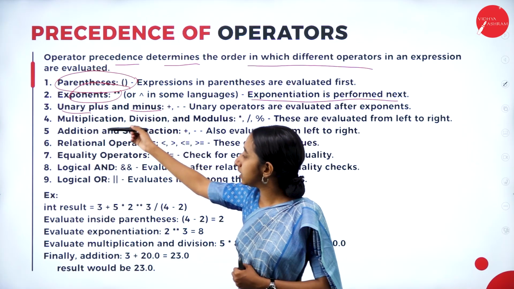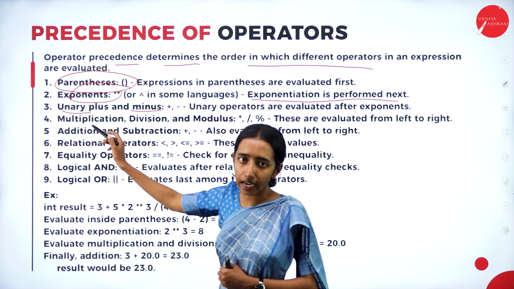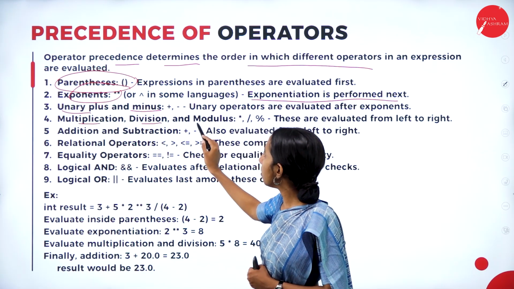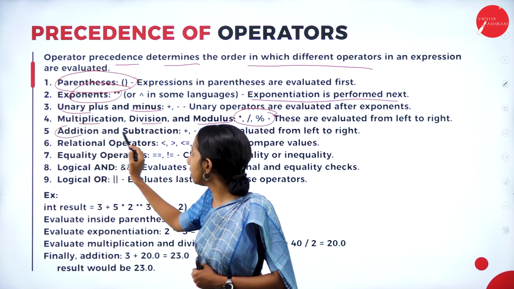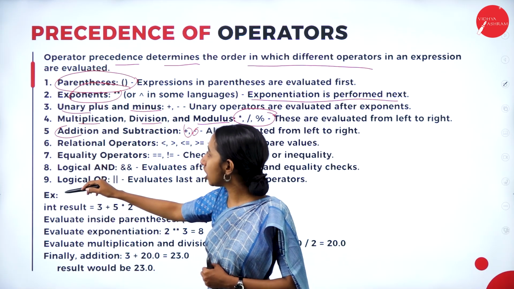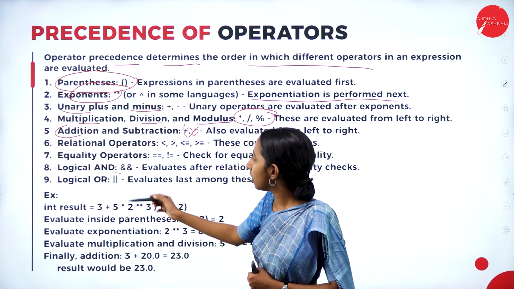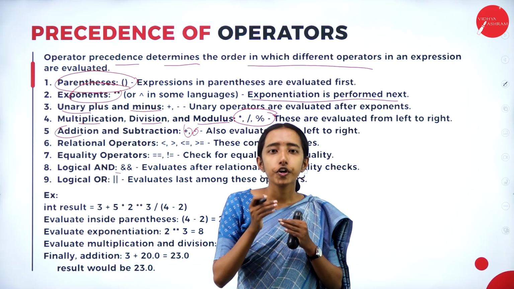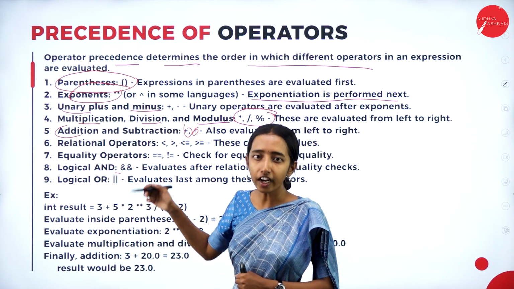After that, the third precedence is given to unary minus and plus. Next, multiplication, division, modulus. After that, addition and subtraction, that is plus and minus. Then relational operators, equality operators, logical AND, logical OR. These are the orders to evaluate an expression containing operators and operands.